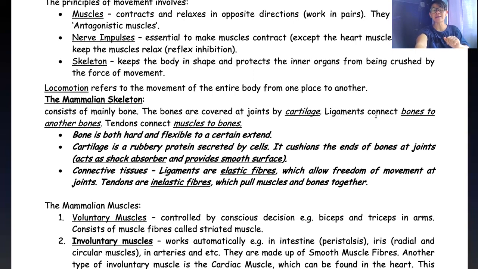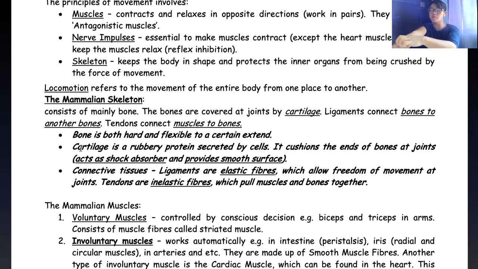And then ligaments connect bones to other bones. So between the bones here and the bones here, there is something like a gum or a rope, a rope to connect this bone to another bone.